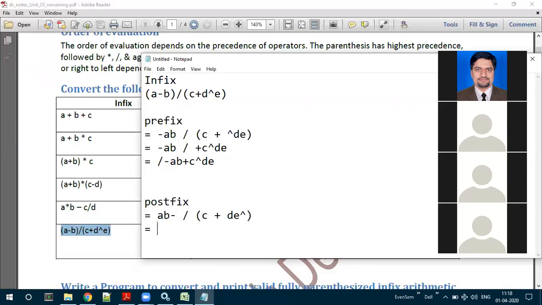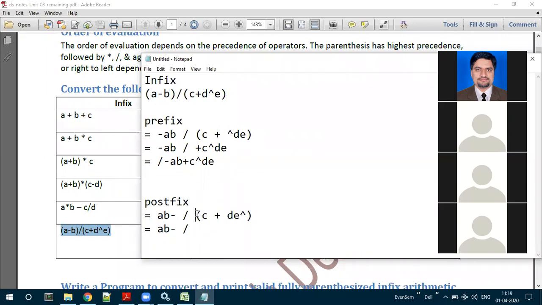Yes, Vasuki, can you tell me what will be the next step? AB minus as it is, division symbol as it is.